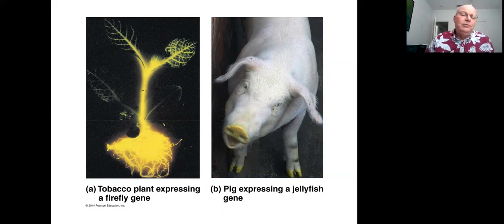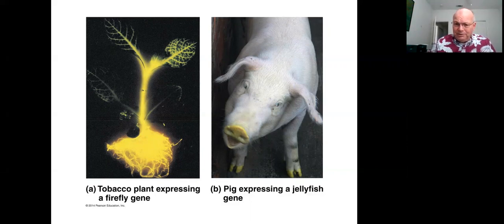In fact, those of you who are planning to go on and take our microbiology course will at some point in that course do an experiment where you will insert the GFP gene into bacteria and produce bacterial colonies that glow green, indicating that you've successfully inserted the GFP gene. It's one of the experiments that we actually do in our micro course.